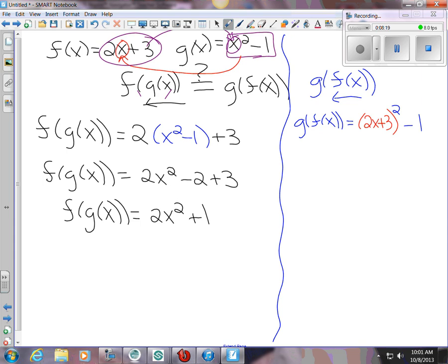What do I have to do here? I got a FOIL. All right, I got to FOIL it out. So I want you to go ahead and finish this up.